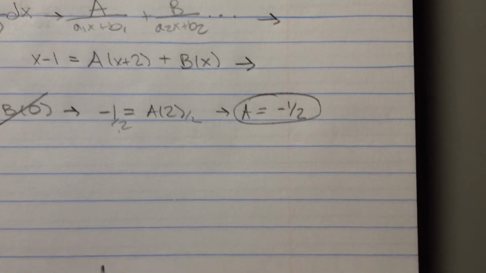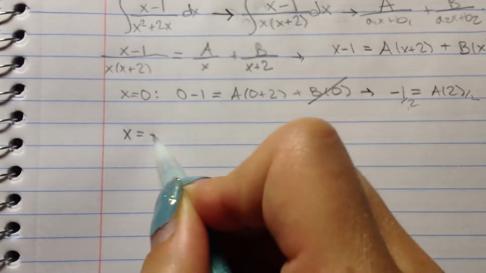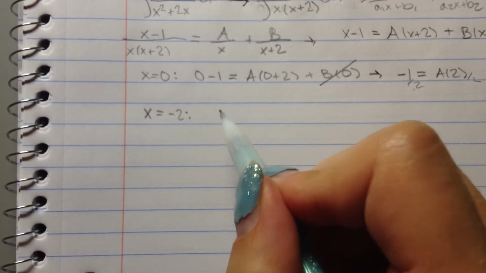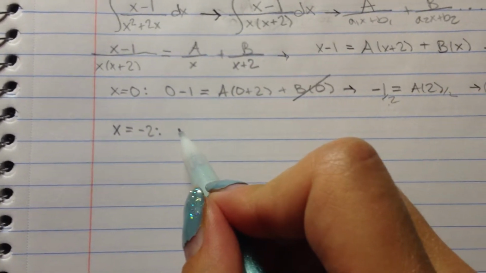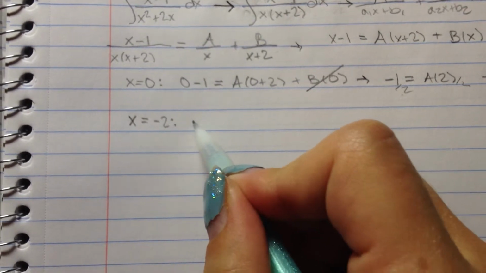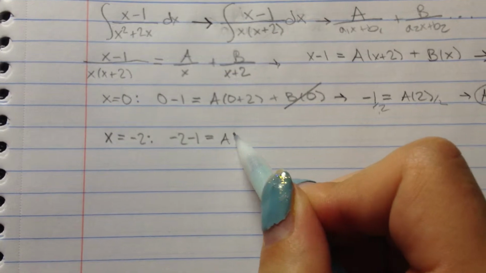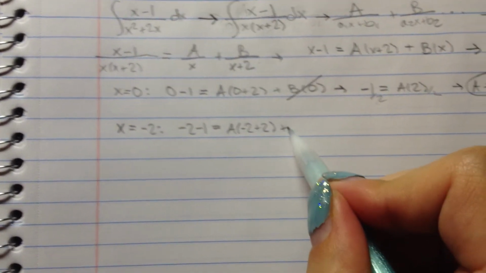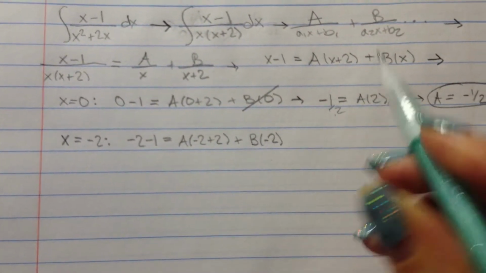So now we'll find the quantity of B, and for this I will choose x equals negative 2, so that A will end up being 0, it's just easier. You can pick whatever number you want to try. So then we will end up with negative 2 minus 1 equals A times negative 2 plus 2, plus B times negative 2.